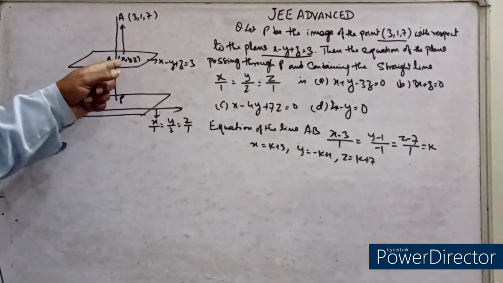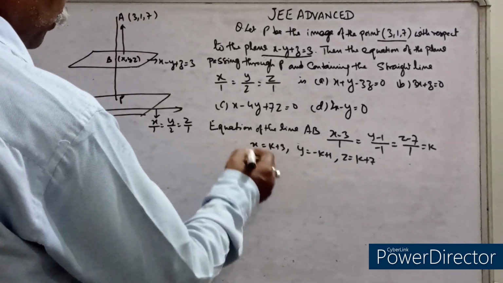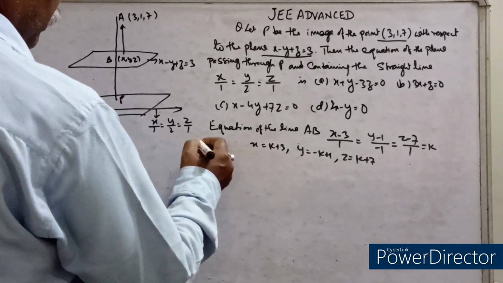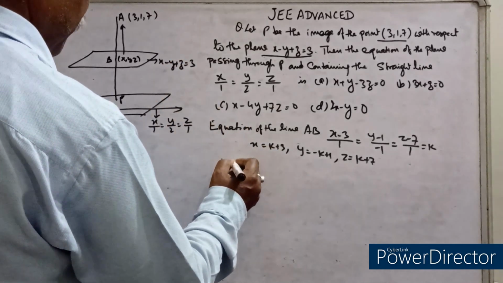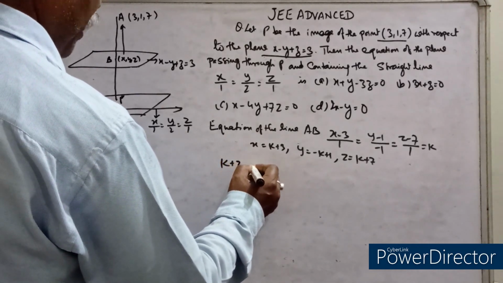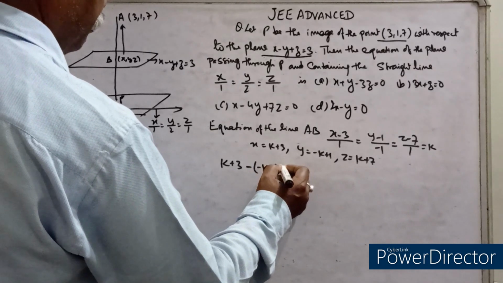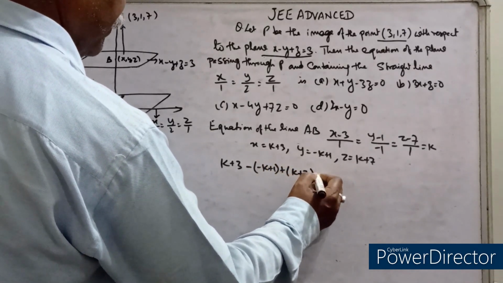At the same time, this point B lies in this plane, so it will satisfy the plane equation. So we put the values of x, y, z in the plane: k plus 3 minus (minus k plus 1) plus k plus 7 is equal to 3.